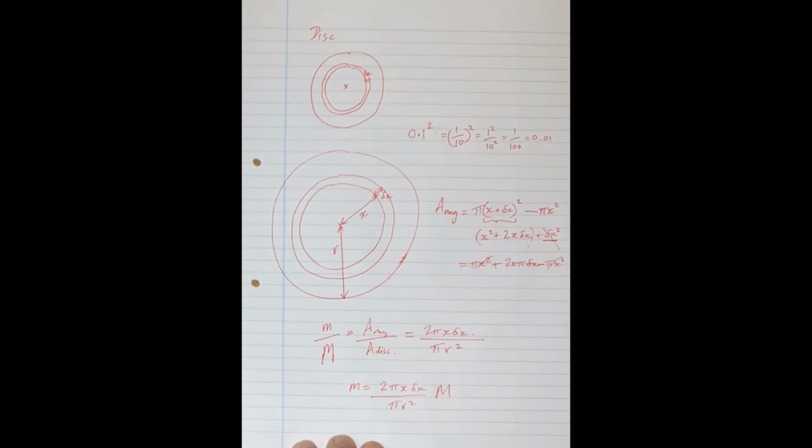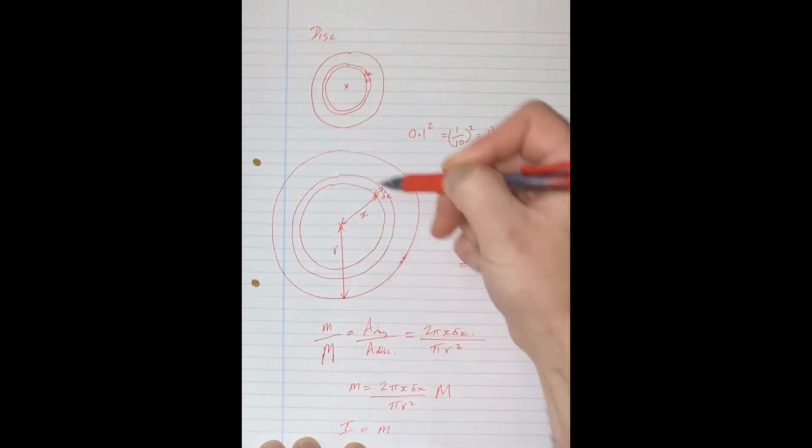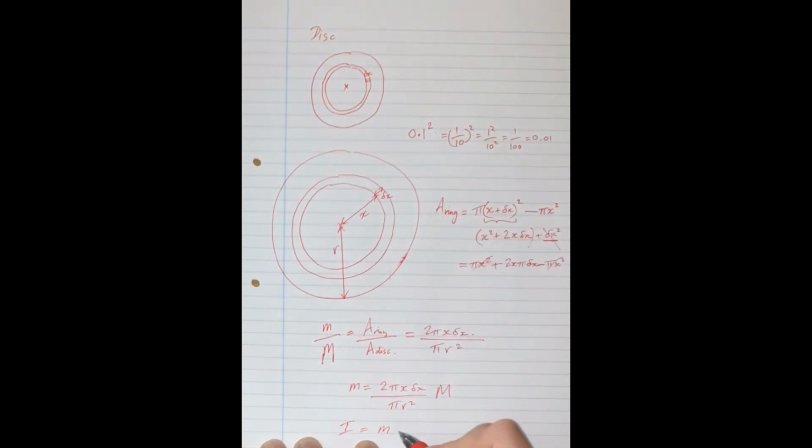And now what we're going to do is think about this in terms of the moment of inertia, which would be our mass m times r. In this case, that mass is x away, so x squared, and m in terms of all this is 2 pi x dx over pi r squared m, and then we're going to times that by x squared.